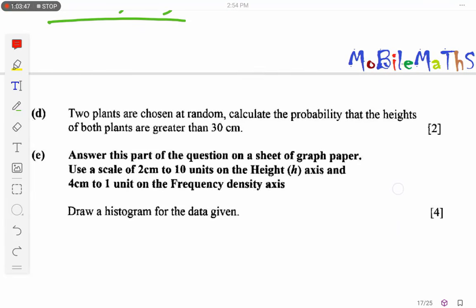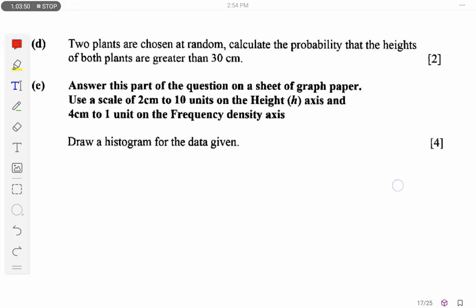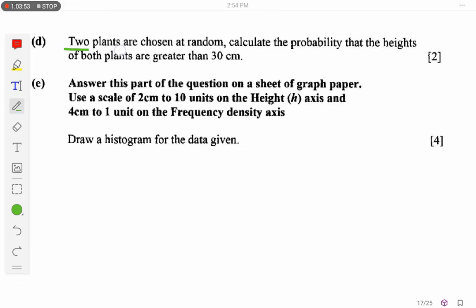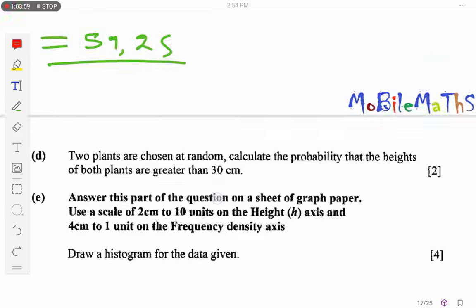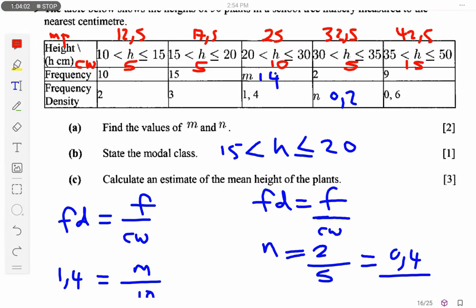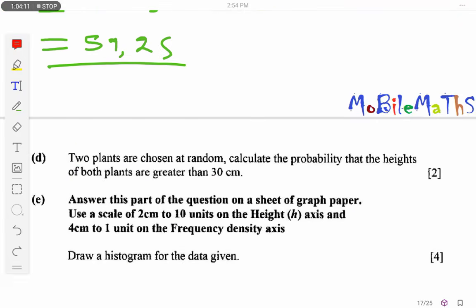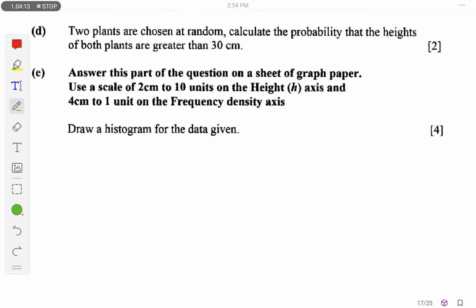Now the other question is asking us the probability that 2 plants are chosen at random and their heights are greater than 30. So let's go to greater than 30 there. Greater than 30, so it's this one. So it's going to be 2 plus 9 over 50, that's 11 over 50.